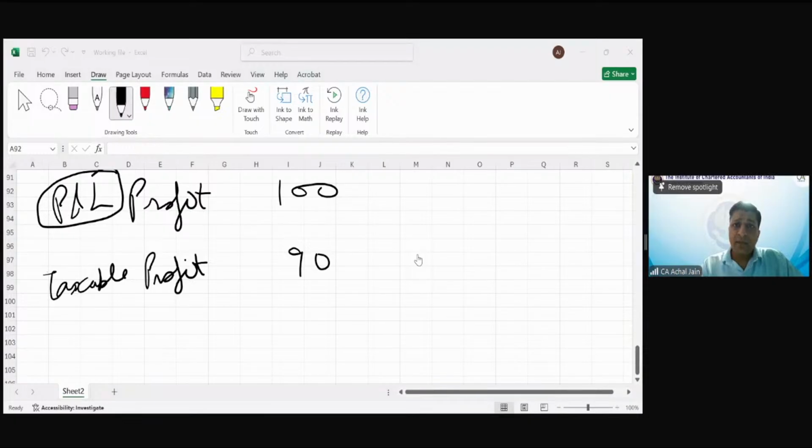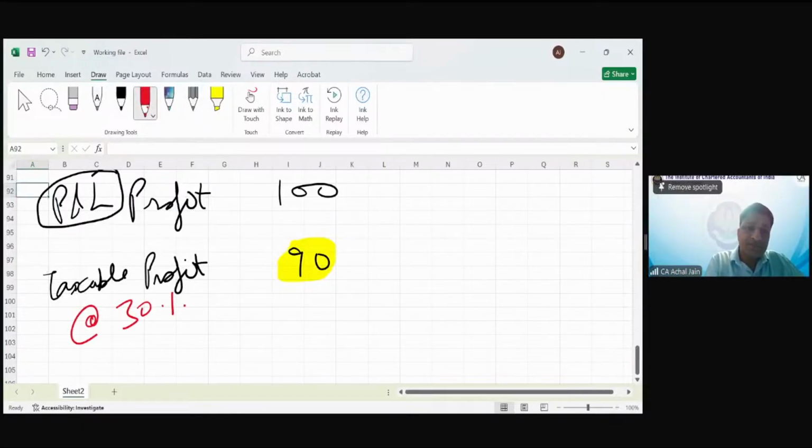Obviously on 90. So if let's suppose the tax rate is 30%, 27 will be the tax amount. And that's how you will get your PAT.